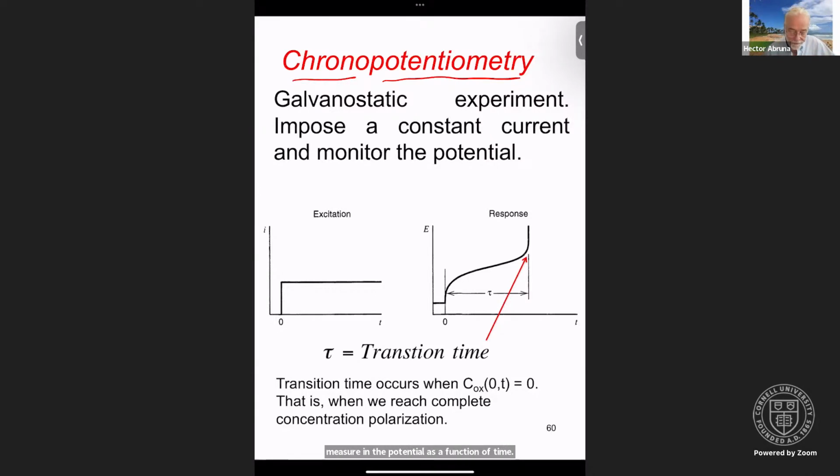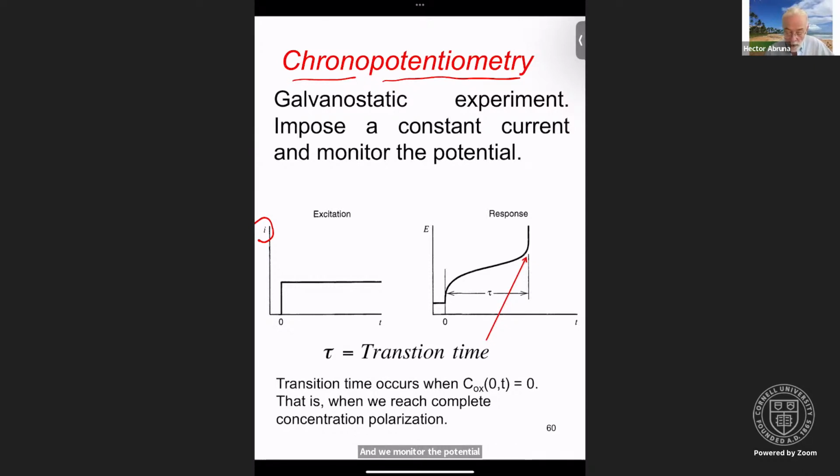How does this work? For the excitation, notice that this is current. At t equals 0, we impose a current. Translation, we impose a rate. Remember that current in this context is synonymous with rate. And we monitor the potential.